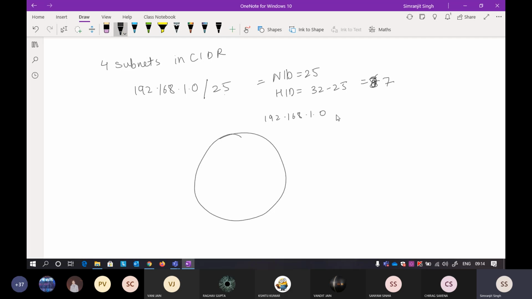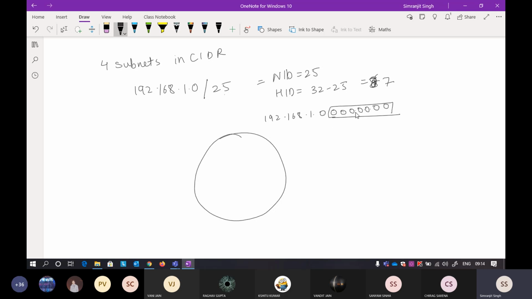So it is /25 here. /25 means that we have 25 bits of network ID and the rest is the host ID part, so I have to identify the host ID part. I write 1, 2, 3, 4, 5, 6, 7, 8. This part is your host ID bit part.